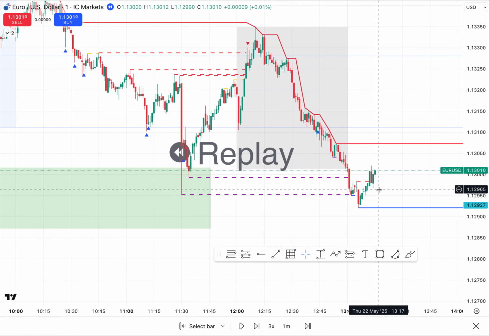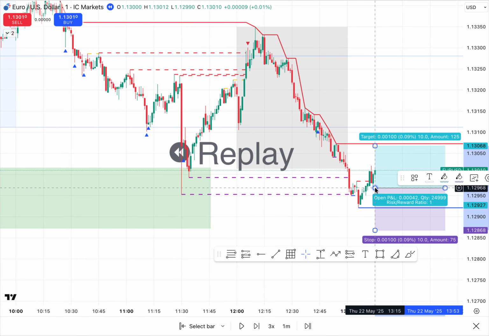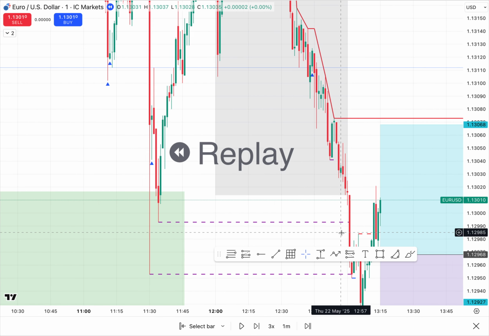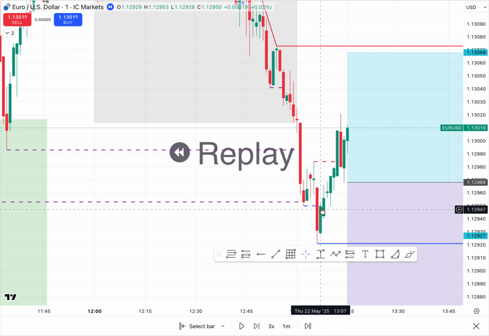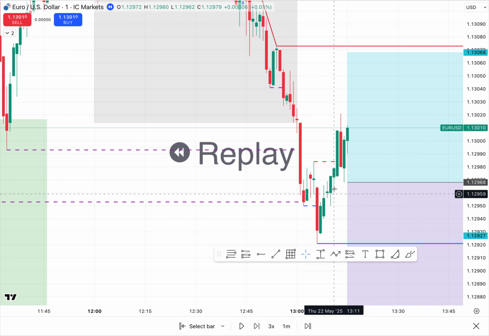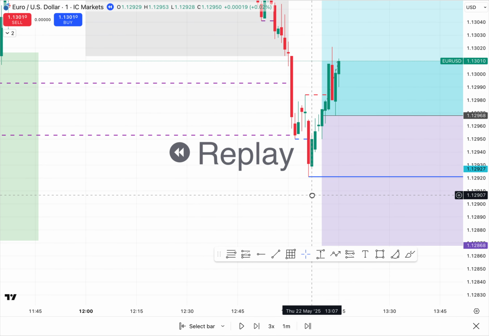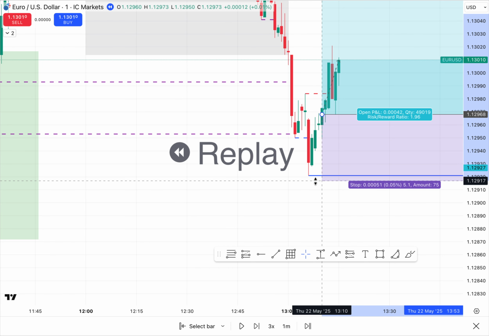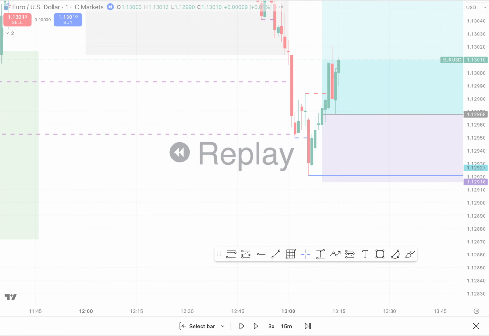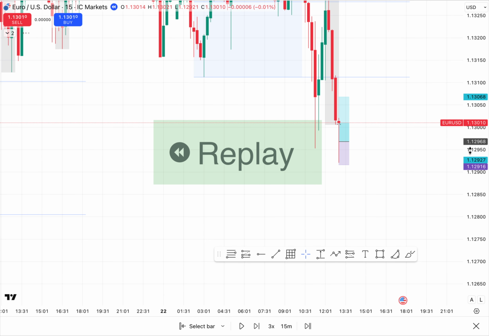The ideal entry would be, seems like, here. Stop loss right here. This is the trade that we're looking for.